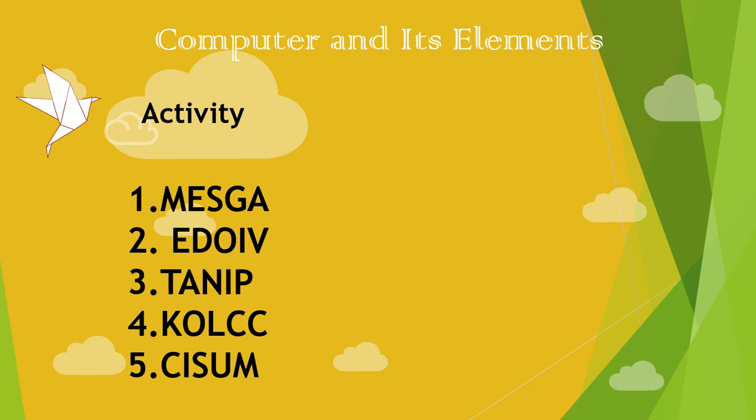Okay, now we have number 3. Letter T, letter A, letter N, letter I, and letter P. What do you think is the right word for our number 3? These are all related in our lesson.